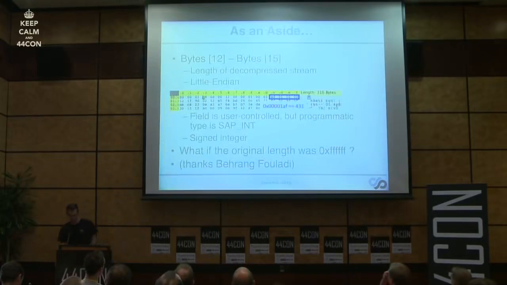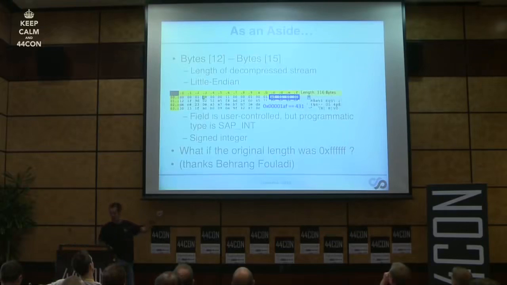Okay, as an aside, and my thanks to Baron Filardi, one of my colleagues on this, because I've been very busy and I gave him a bit of code to analyze. The little endian length of the decompressed stream is declared in the MaxDB source code as type SAP int, which is a signed integer. The thing to bear in mind, firstly, is that this field is under the control of the user.